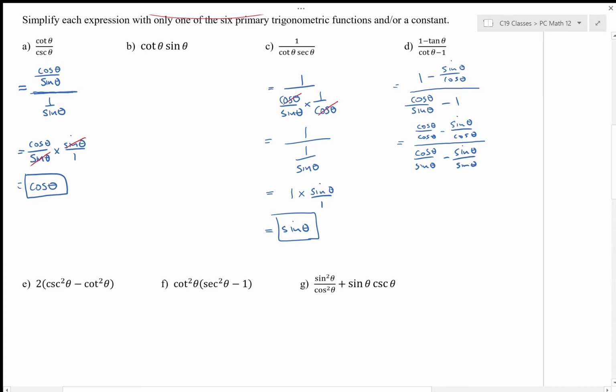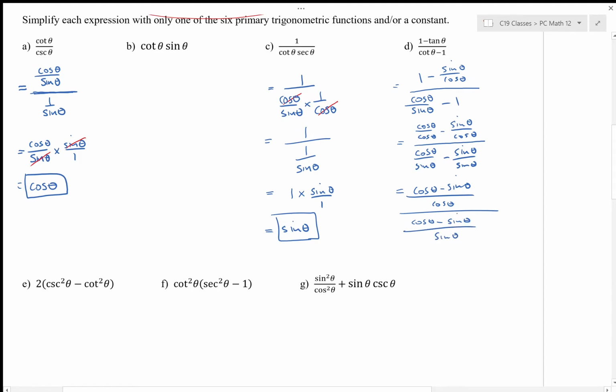So sine theta over sine theta is 1, and cosine theta over cosine theta is 1. Just make equivalent fractions with common denominators, which leaves me with cosine theta minus sine theta over cosine theta. And then I have cosine theta minus sine theta over sine theta.